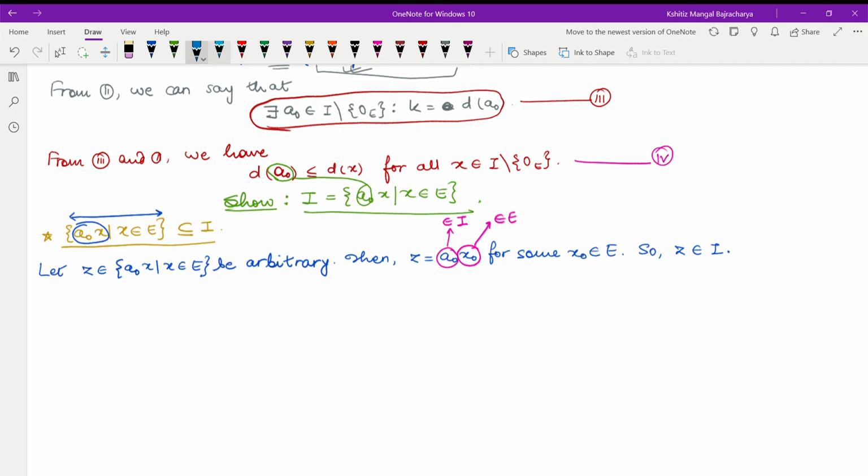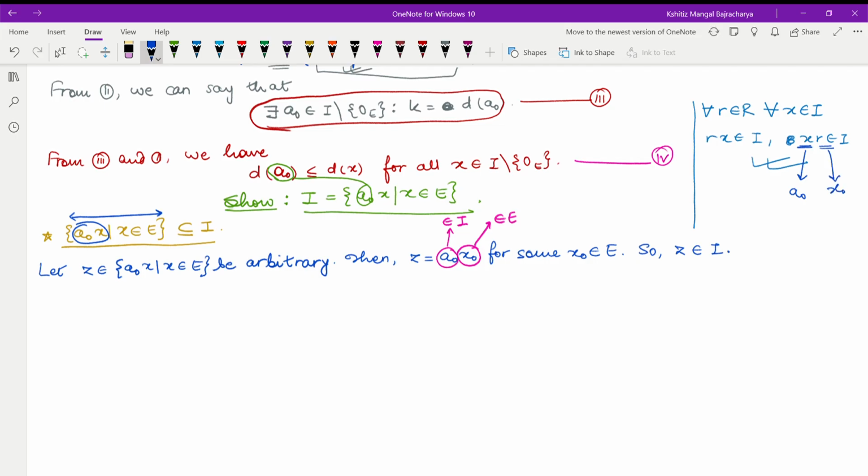Now as per the definition of an ideal, if R is the ring and I is the ideal being considered, then we have Rx in I as well as xR in I. Using this condition, we have a0 in I, and instead of R we have x0.